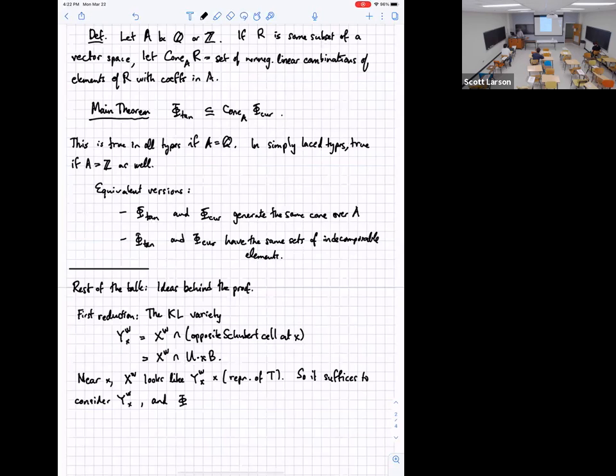And so we have two subsets, the tangent and curve spaces of KL, and then the main theorem follows from the stronger statement.